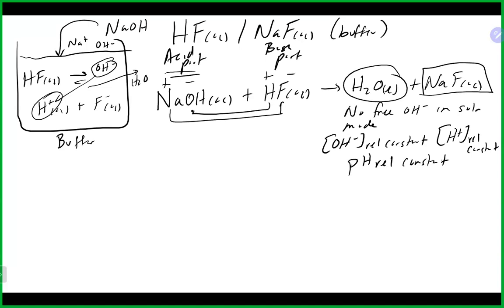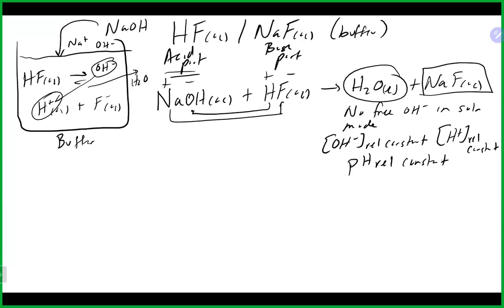So that is essentially how a buffer works. It has to have both of those things in the solution to begin with. It has to have an acid part and a base part in the solution to begin with. And the only way to really achieve that is you have to start with a weak acid or a weak base and its conjugate partner to do that.